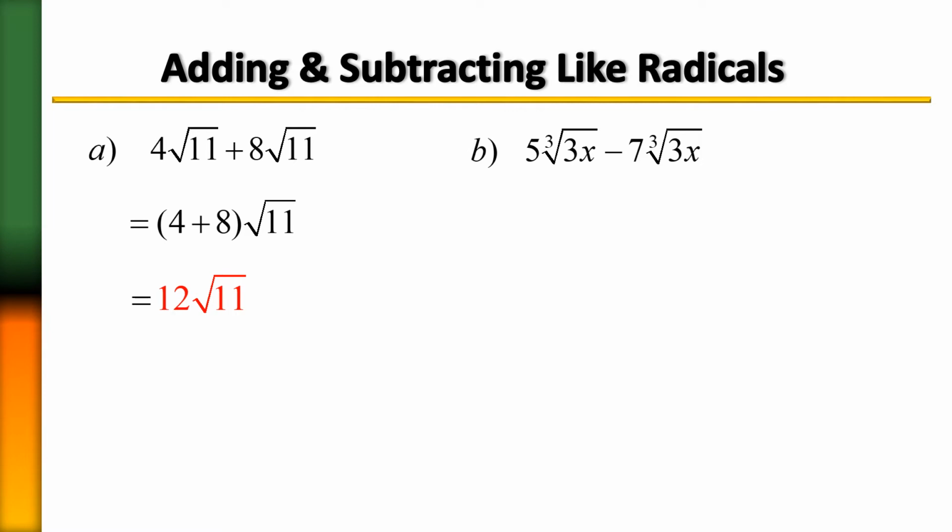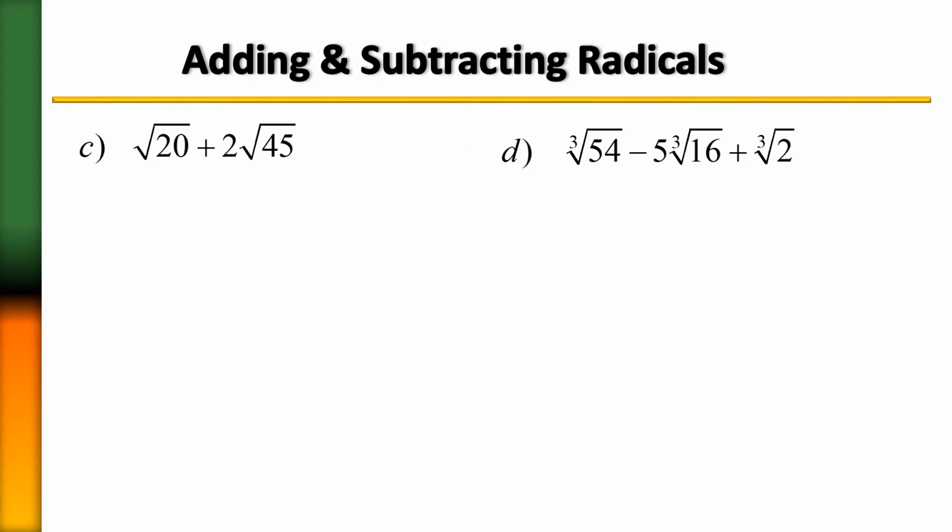So when I combine a 5 with a -7, that's going to give me -2 cube root of 3x. And there you have it. Let's do some more practice.